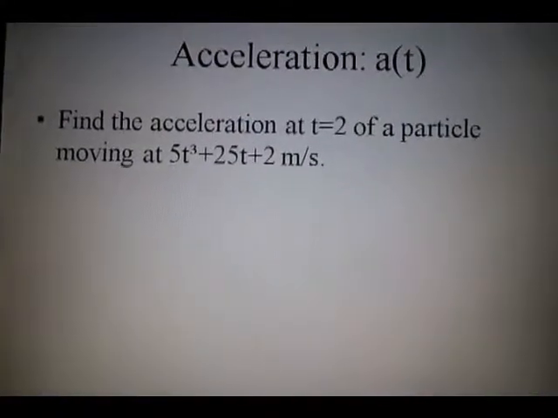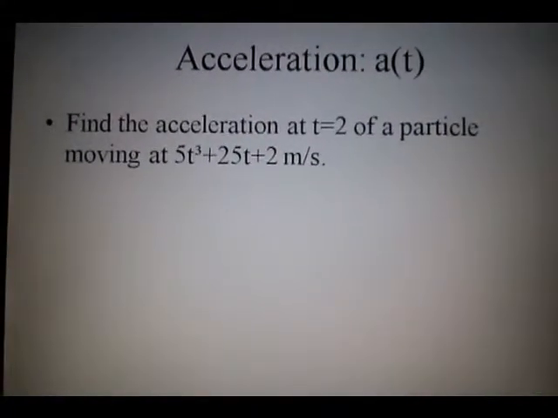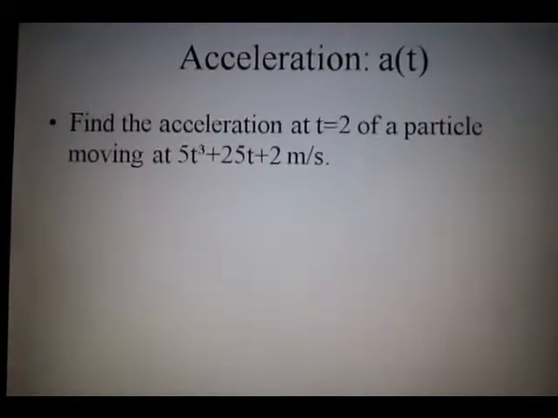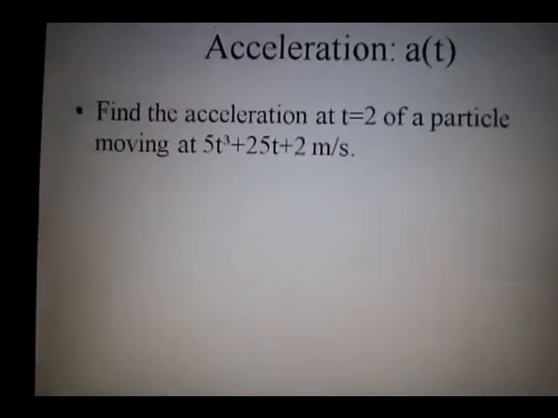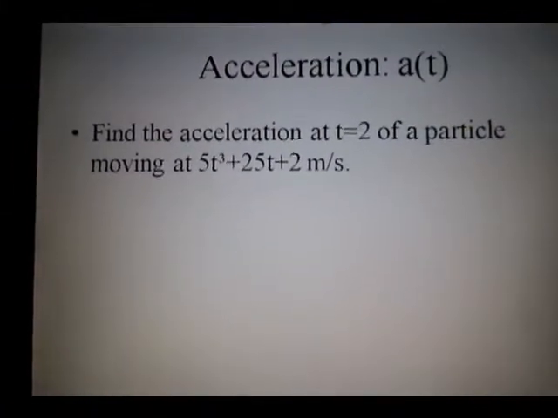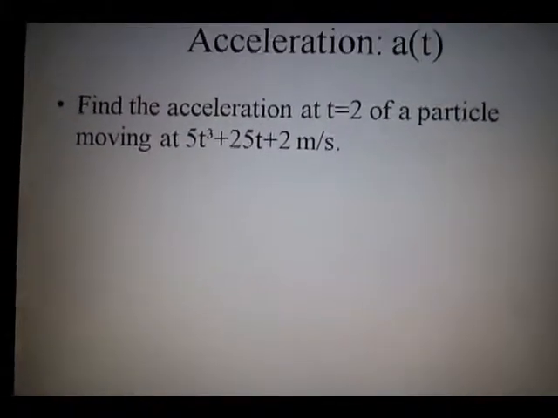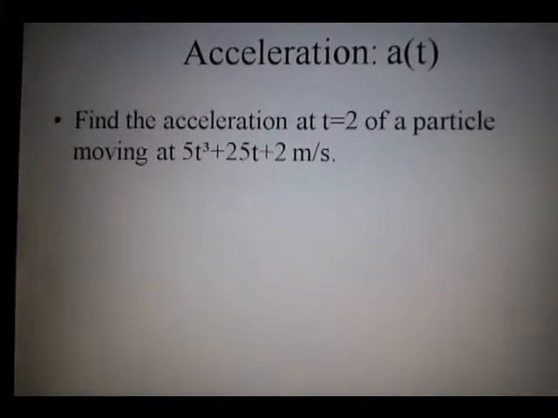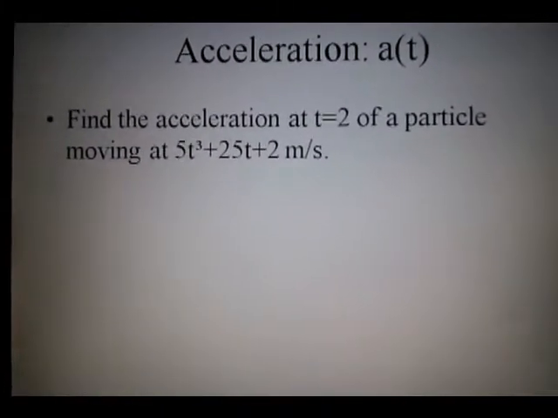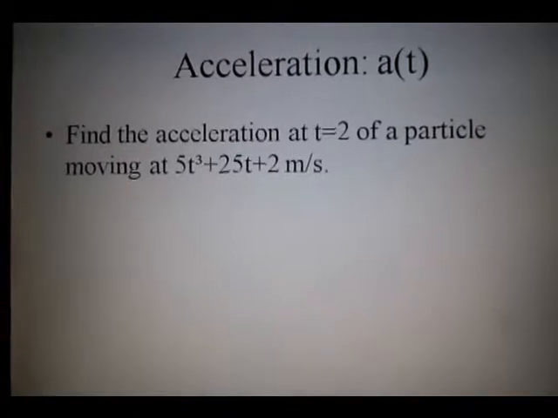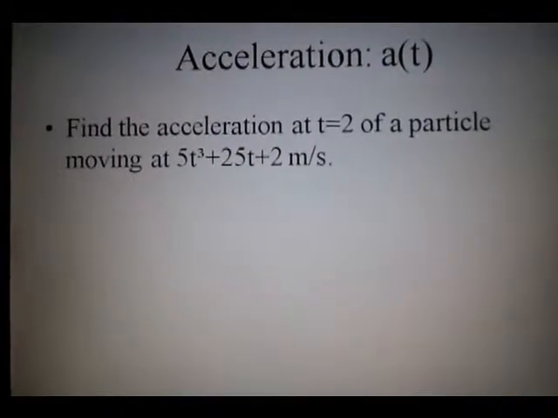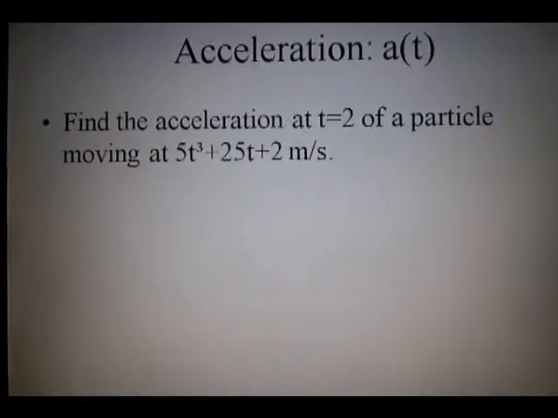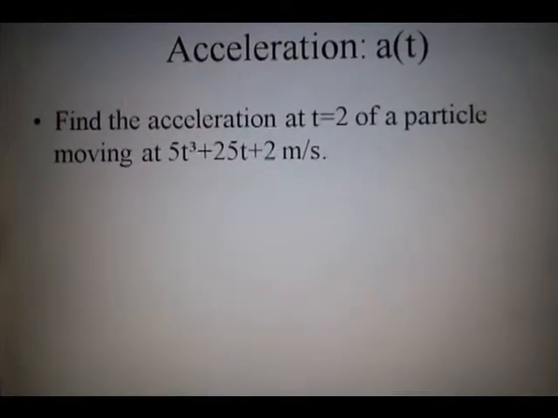Now we are going to find acceleration using a function. Find the acceleration at t equals 2 of a particle moving at 5t cubed plus 25t plus 2 meters per second. Like in the previous problem, you are given the position of the particle and not what is being asked. Now, since you're being asked for acceleration, you need to derive twice, because like I said before, it's position, then velocity, and then acceleration.